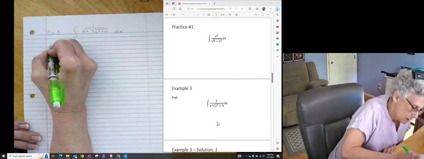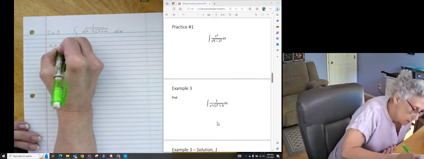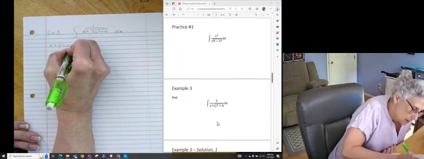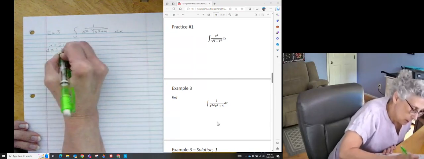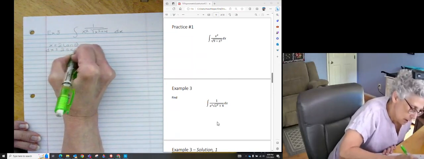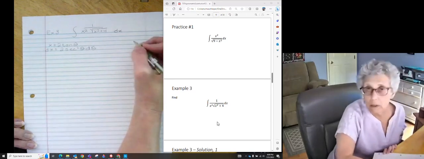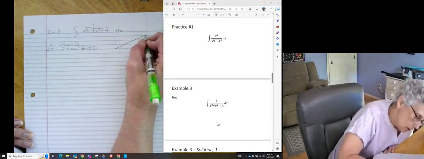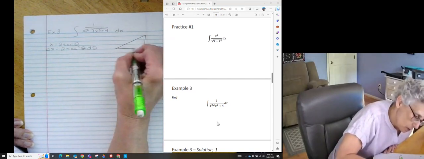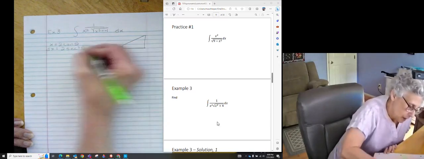But we're going to let x be equal to, 4 is 2 squared, so 2 tangent of theta. Then dx would be equal to 2 secant squared of theta d theta. I always write it down. It helps me to remember it. Now I'm going to draw my right triangle. Theta lives right here.